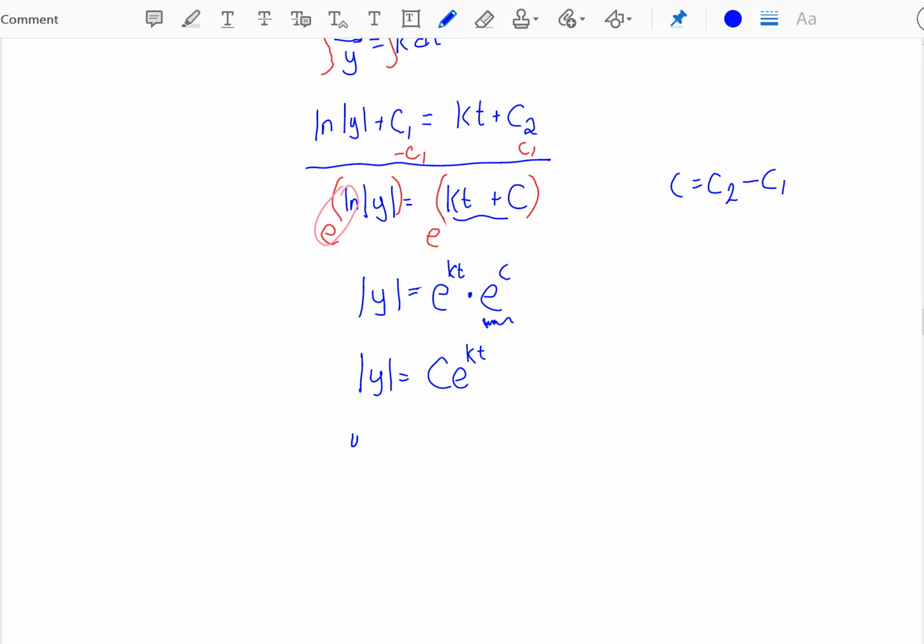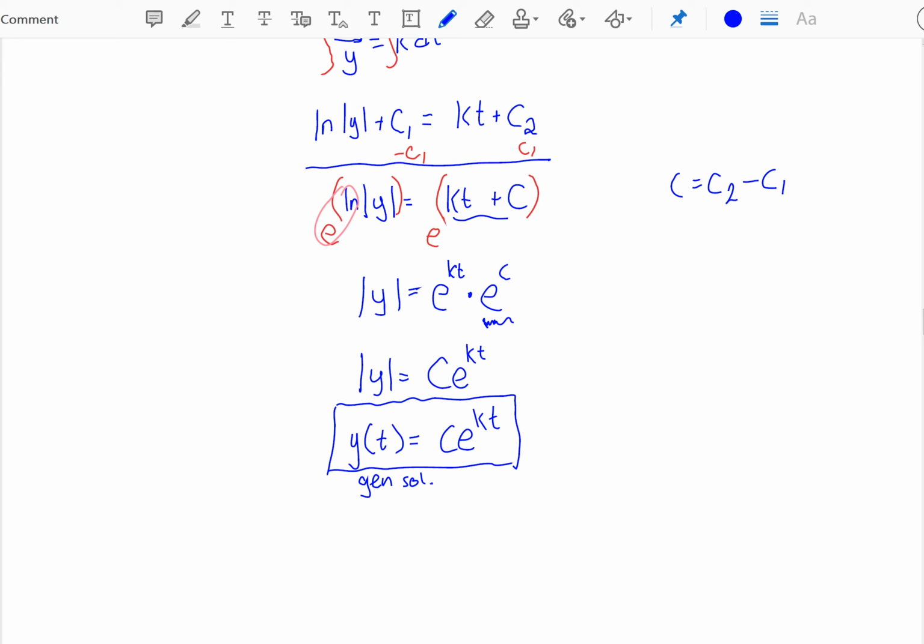This results in the solution, your general solution, y of t equals c e to the kt. This is your general solution.